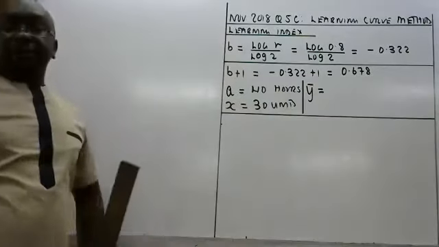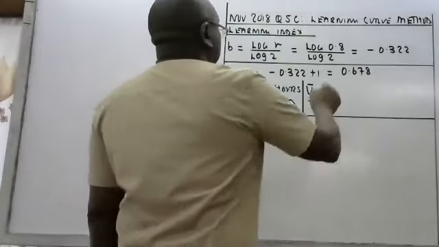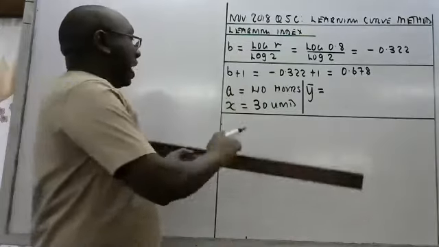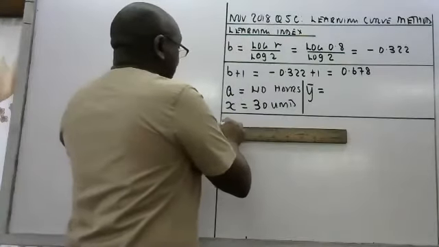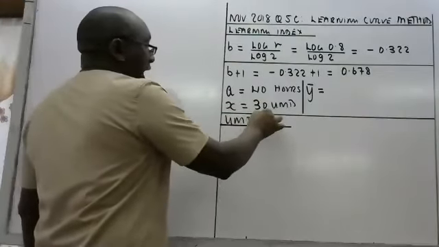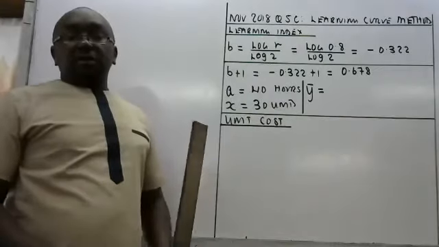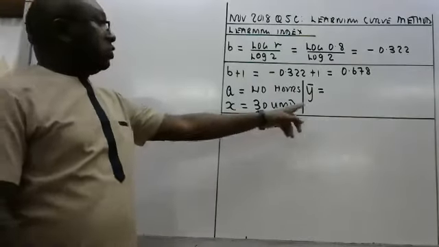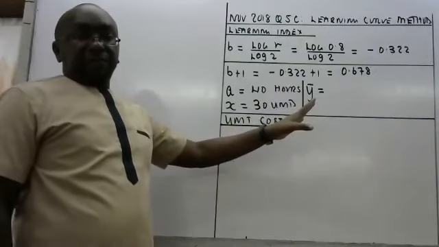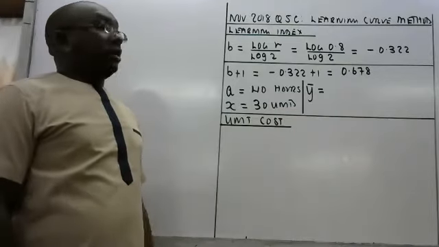And why I'm going for the y bar is because I am headed to getting unit cost, and unit cost is the cost of 1 unit. So I need to know the time for 1 unit, the average. Alternatively, you could get the total of 30 and divide by 30.